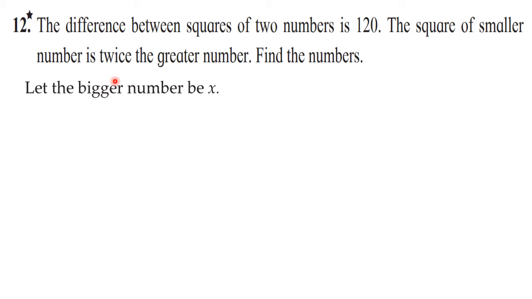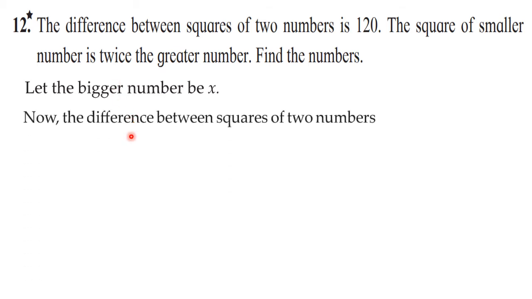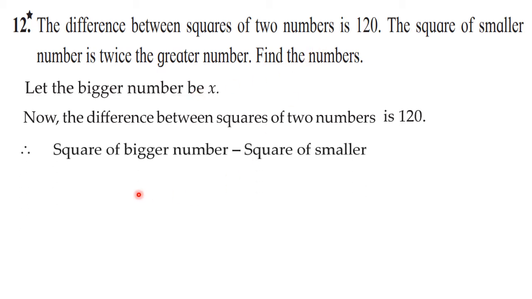But the first statement here, the difference between squares of two numbers is 120, means the square of bigger number minus the square of smaller number is 120.